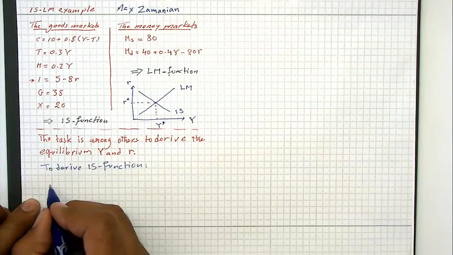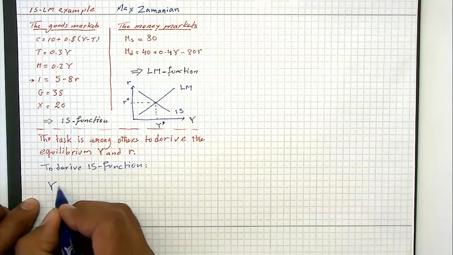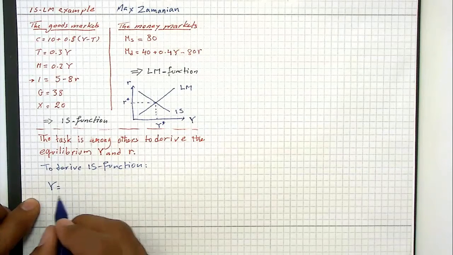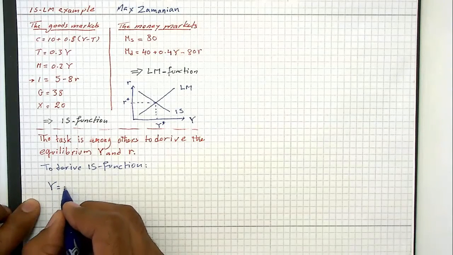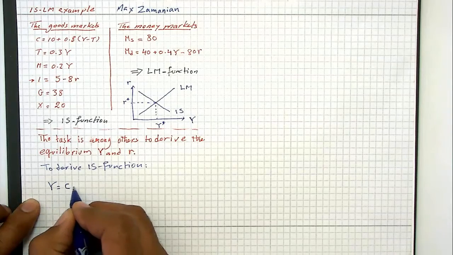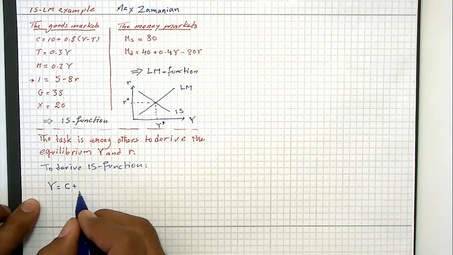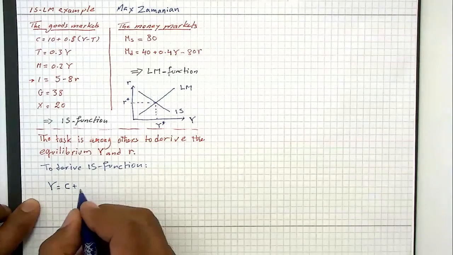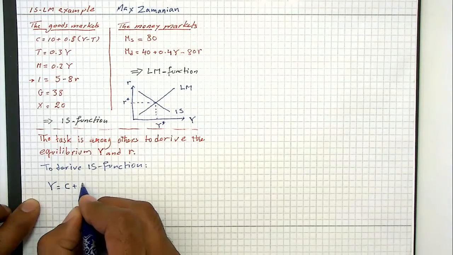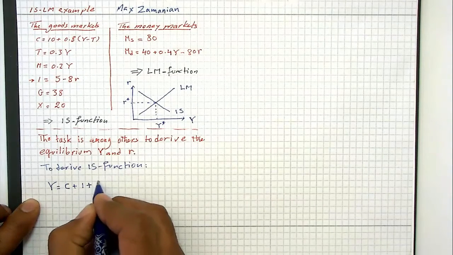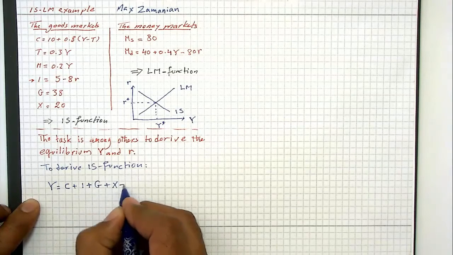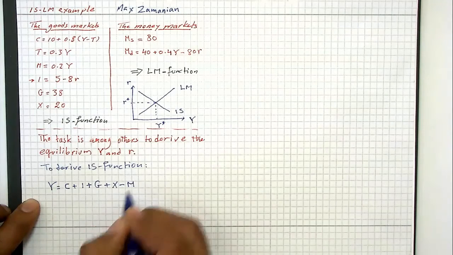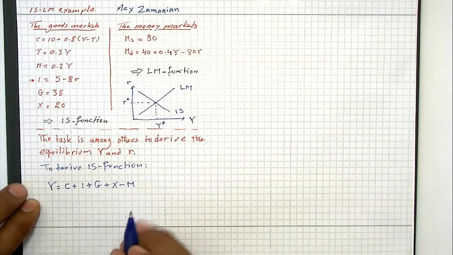You can set the equilibrium condition for the goods market, which is national income equal to planned expenditure, which includes consumption, investment, government expenditure, plus export minus import. This is the equilibrium condition.